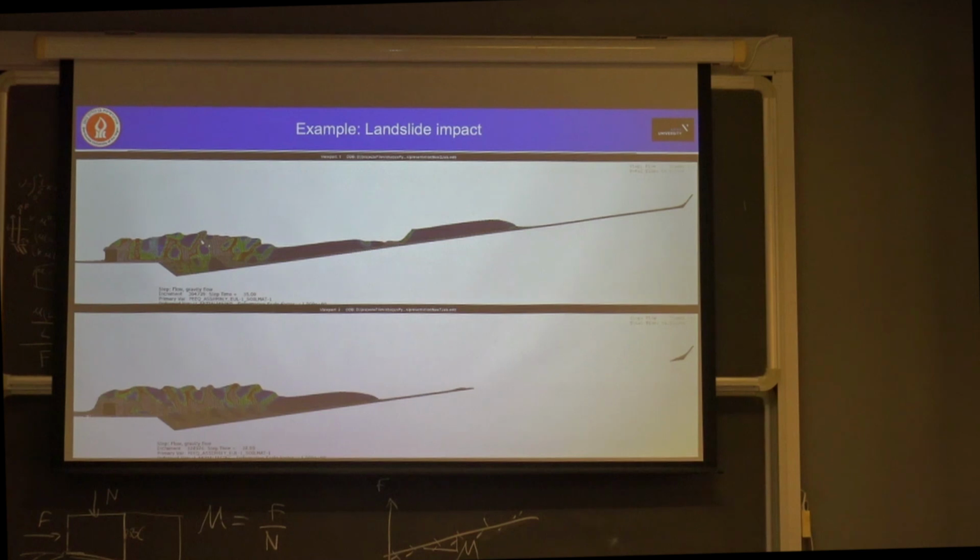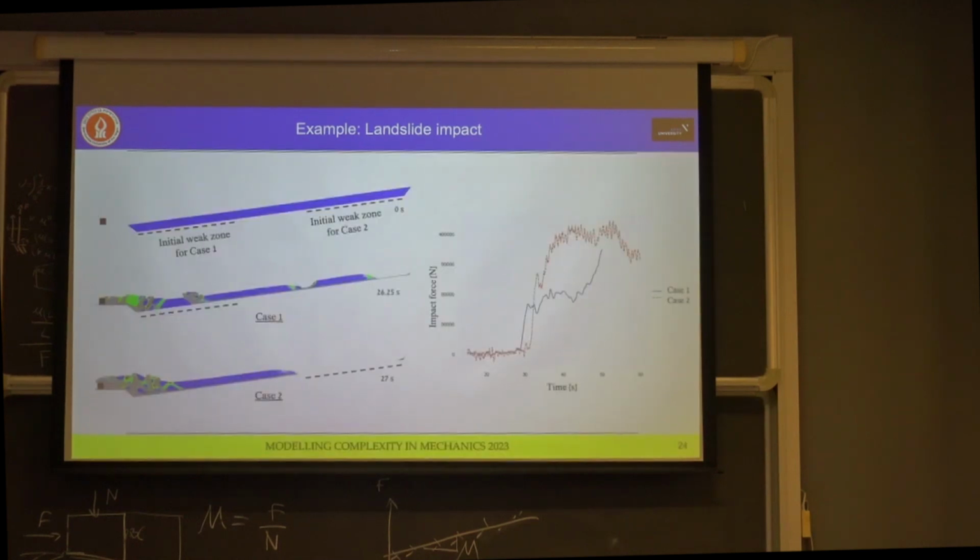Okay, so now if we compare the impact force of both cases, we can see that the evolution is a bit different. So we can have different impact force.